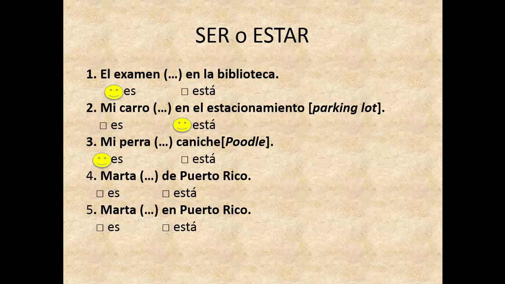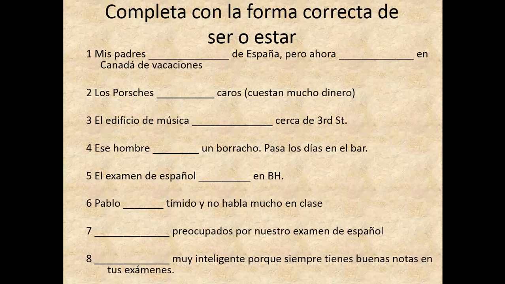Mi perra es caniche. Marta es de Puerto Rico. Marta está en Puerto Rico. So please stop the video and write down why I picked that particular conjugation of ser or estar.